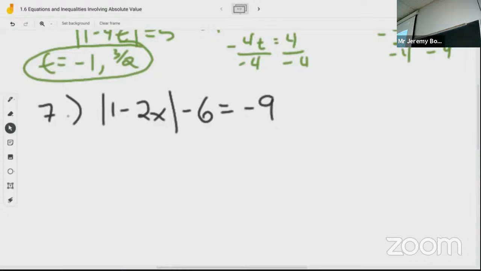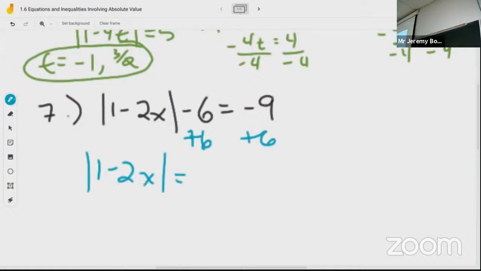We're doing that so we can get the absolute value by itself. So if we add 6 to both sides, then the absolute value of 1 minus 2x is equal to negative 3. And what can we do from there? Nothing. Why? There's no solution.